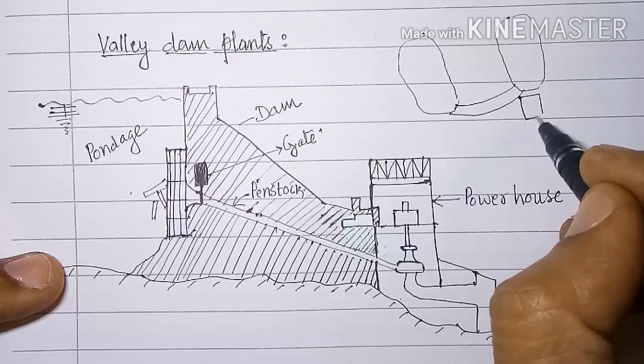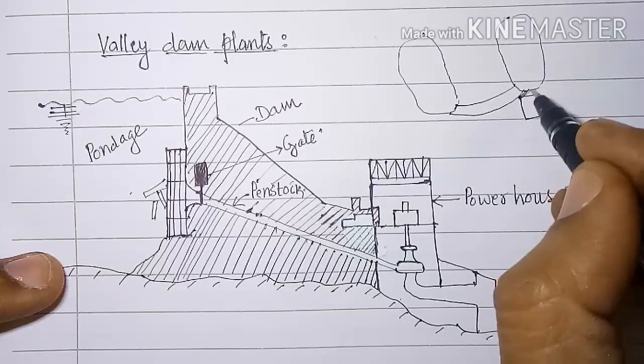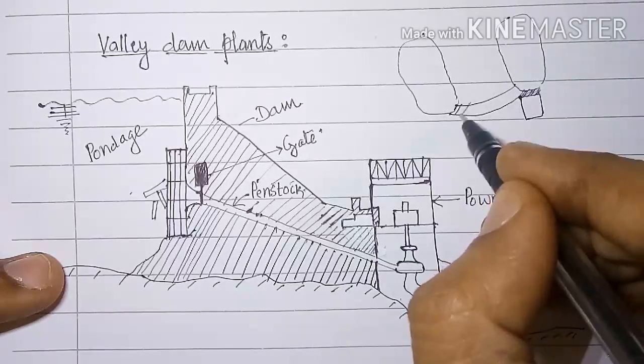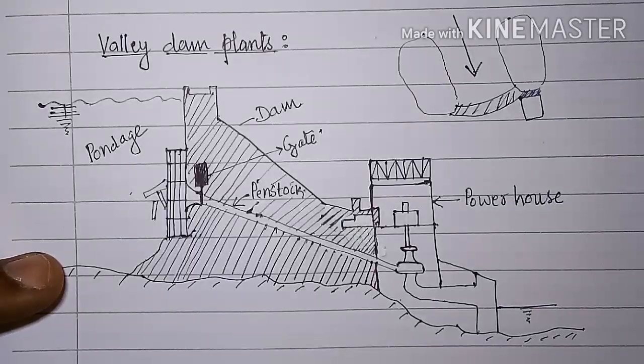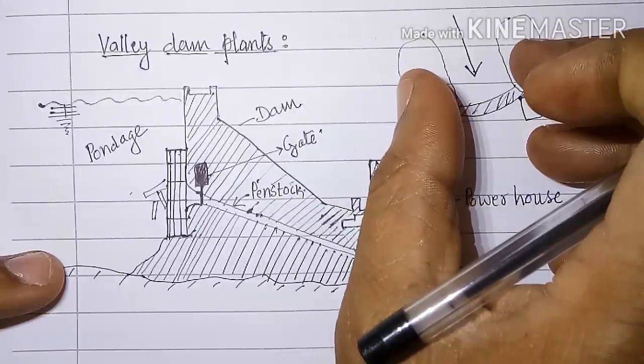The powerhouse will be here. This is all civil construction here. And the river flows here in the valley.